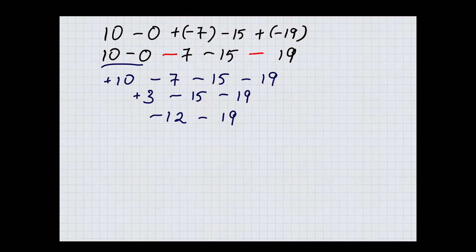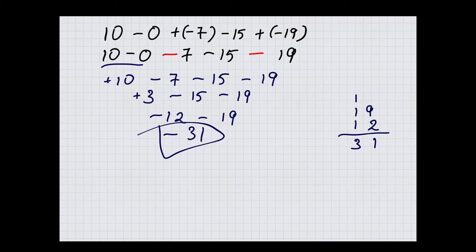Minus 19. Now we have same signs, so we will look for the sum, and it will be negative. The sum of 19 and 12 is 9 plus 2 is 11, 1 plus 1 plus 1 is 3. So we have negative 31 as our answer.